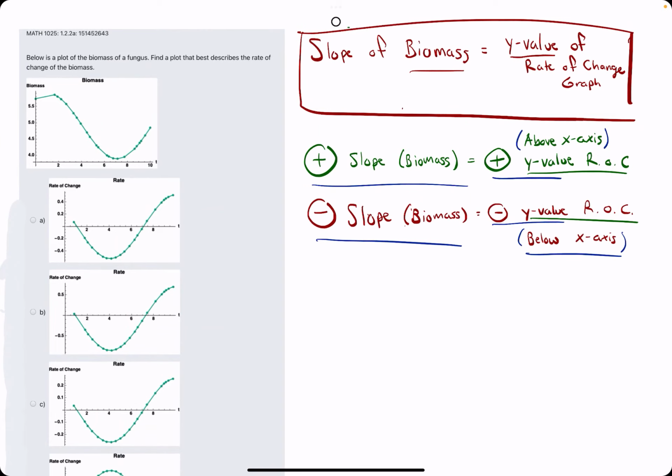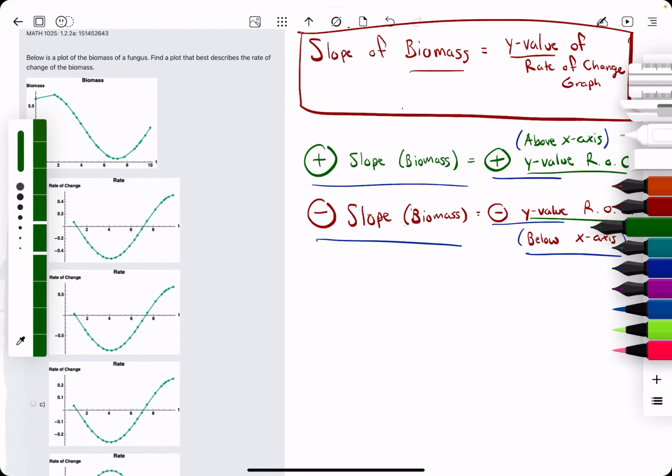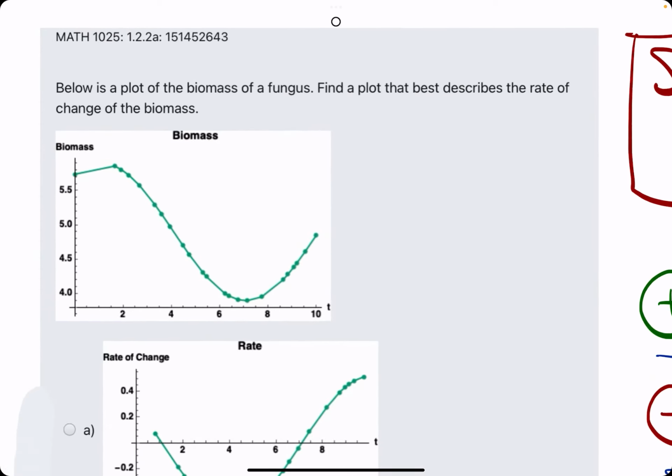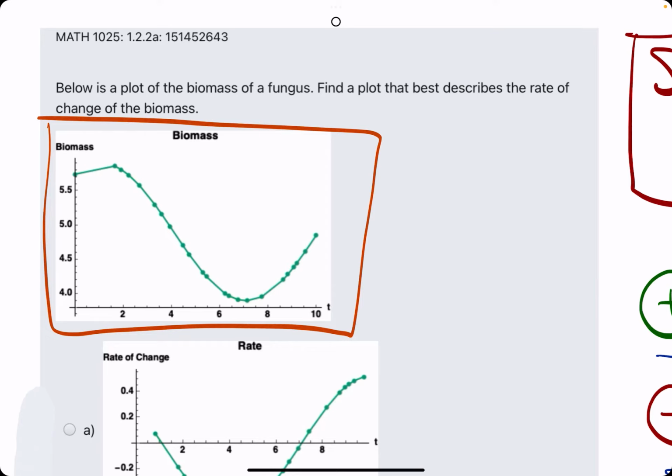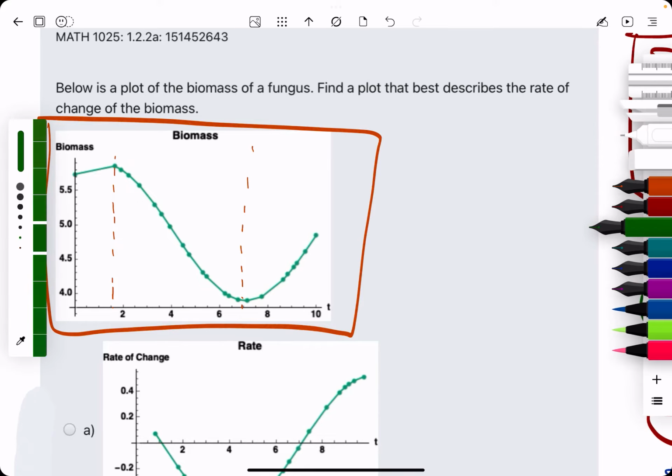of change graph. So the approach is, we want to identify first where this original function has positive and negative slopes. So what I'm going to do is split up those different sections.